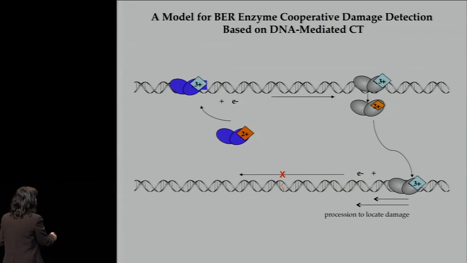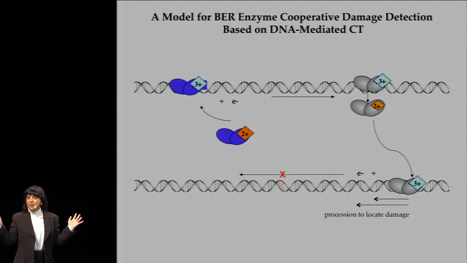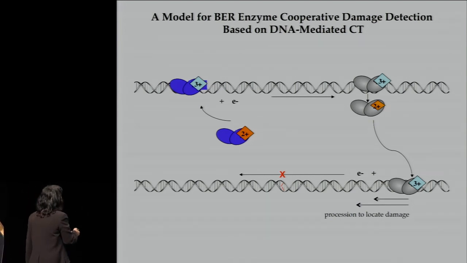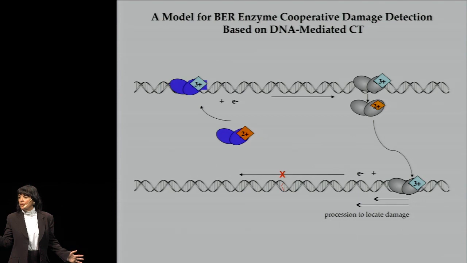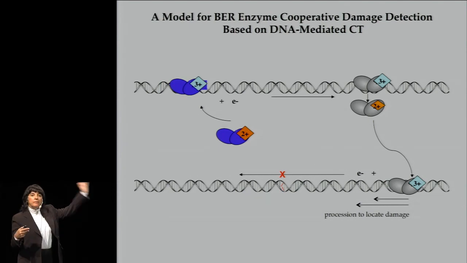You have a protein, and the iron-sulfur cluster is in the 2+ form, and it's not redox active. But now it binds to DNA, and when it binds to DNA, that shifts the potential, so it's easier to oxidize, and it spits out an electron, which it sends to another one of these proteins, a different protein with a different substrate that it's targeted, that's bound along a different site on the DNA.